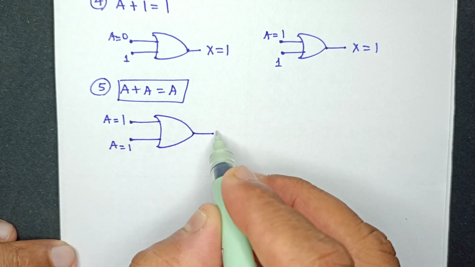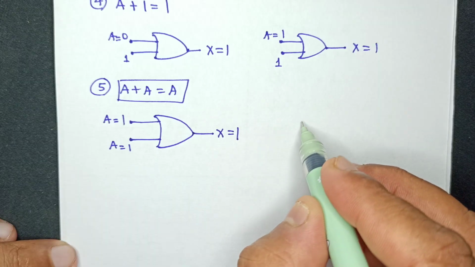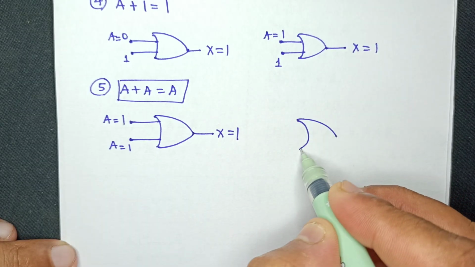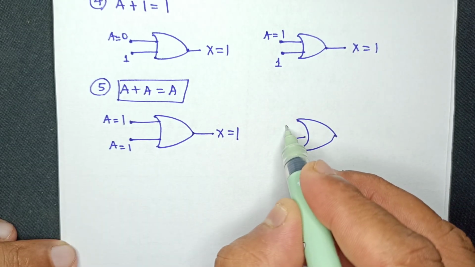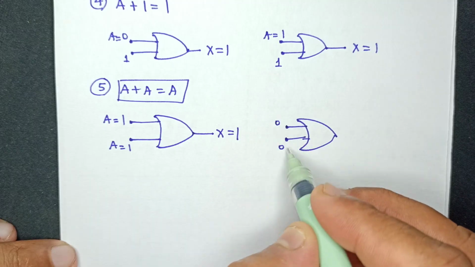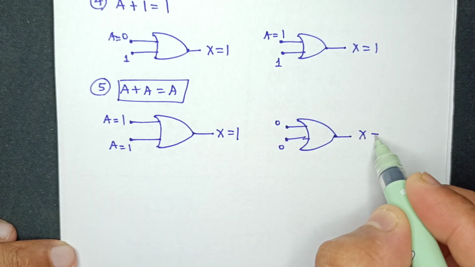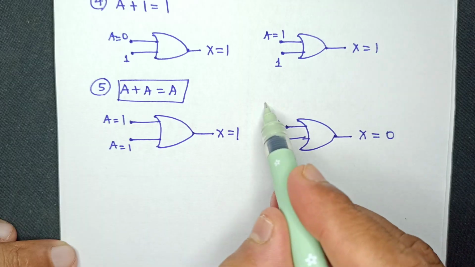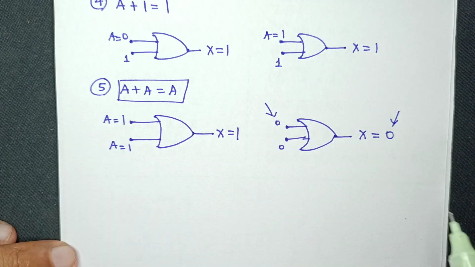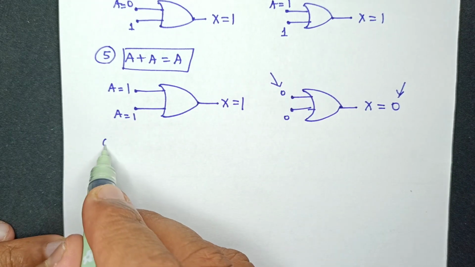So 1 and 1 ORed together, the output is always 1. Now even if I reverse the case and take both the inputs as 0, even in that case the final output would be 0. So whatever input we are taking here, we are getting that as the output.